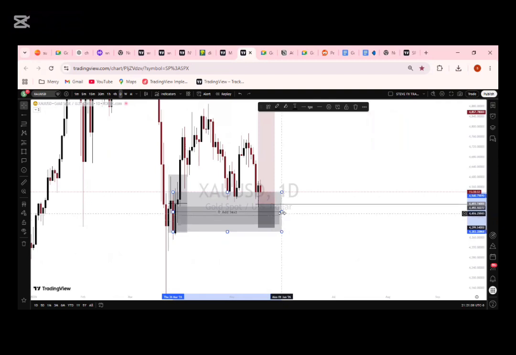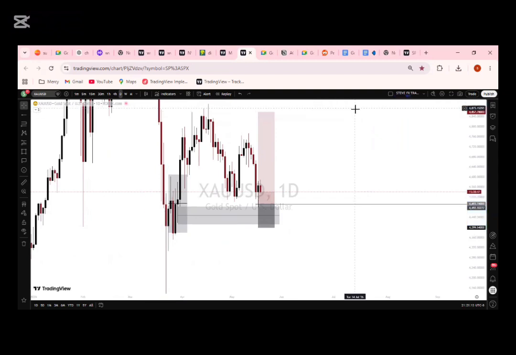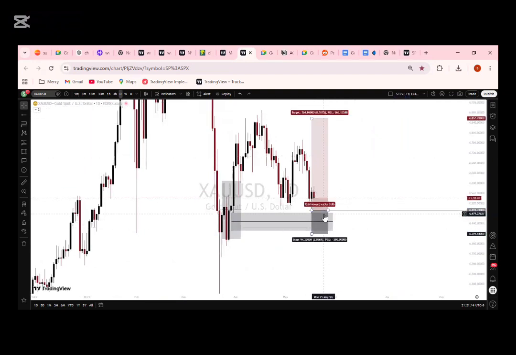And we have also been able to reduce our stop loss. So that is it when it comes to order block refinement.